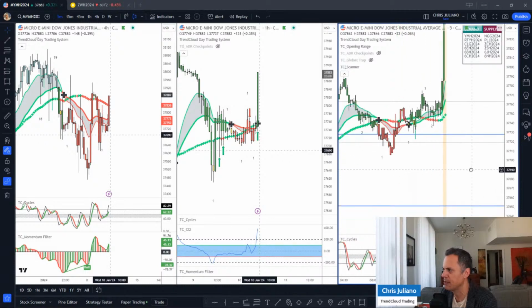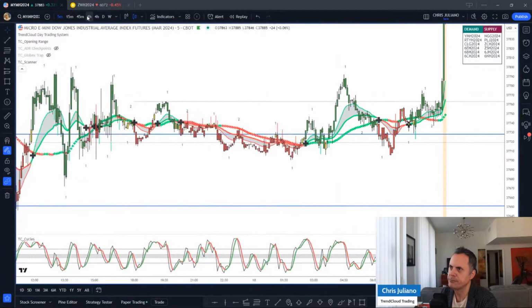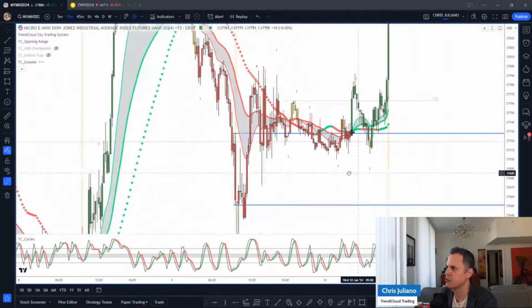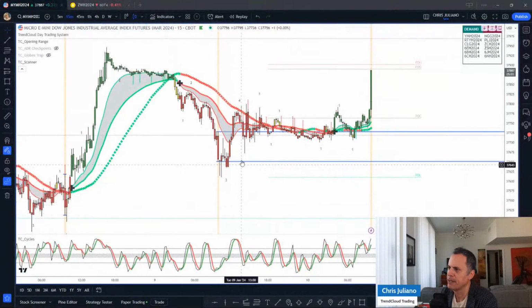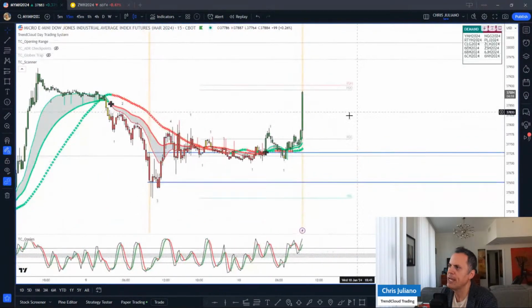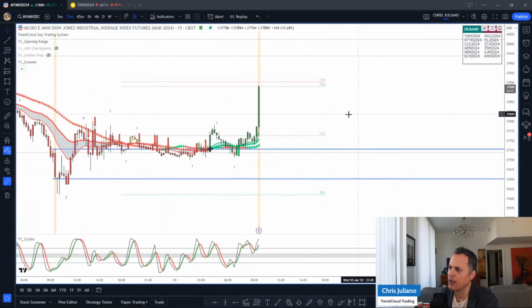Here's yesterday's opening range. Get over to the 15-minute chart. Here's yesterday's opening range. What are we heading for right now? Previous day's open, previous day's high. Okay. But this whole candle here is forming a very wide opening range.